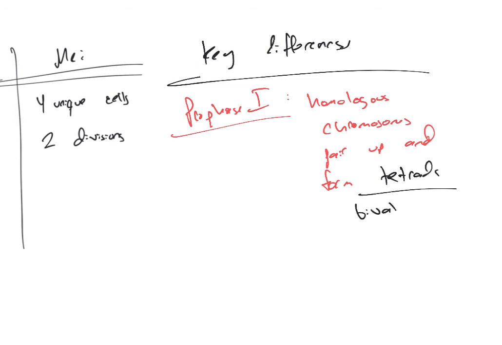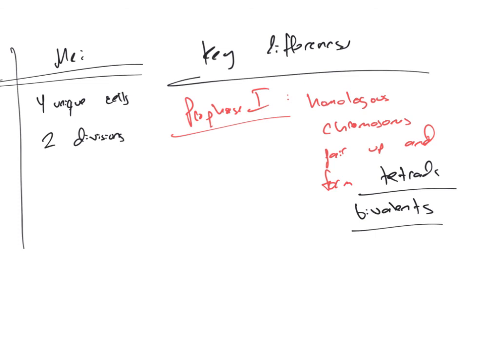Either one is acceptable, and you'll see either one used. You're more likely to see bivalent used on a test. If you're revising and watching videos online, I bet you're more likely to hear tetrad than bivalent.